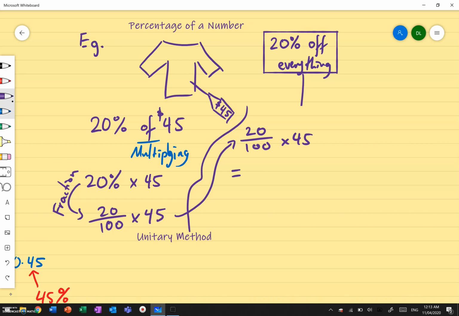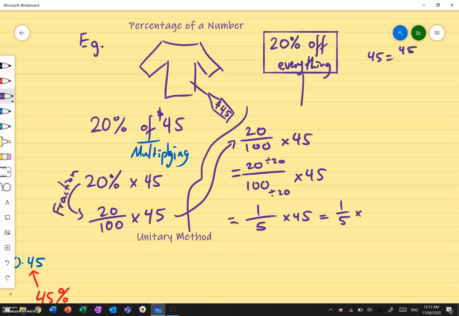Well, 20, right? So I get 20 divided by 20 over 100 divided by 20 times 45. So 20 divided by 20 is 1, over 100 divided by 20 is 5, times 45. And 1 over 5 times 45 is the same as 45 over 1, right?